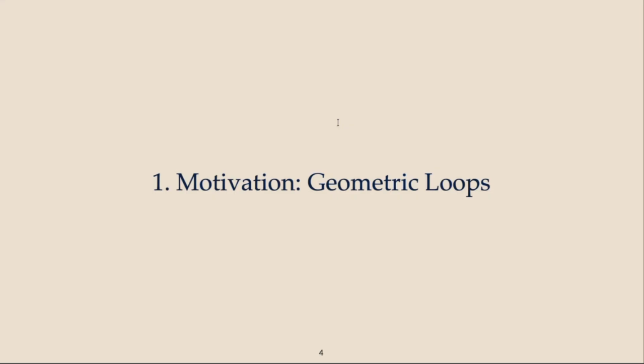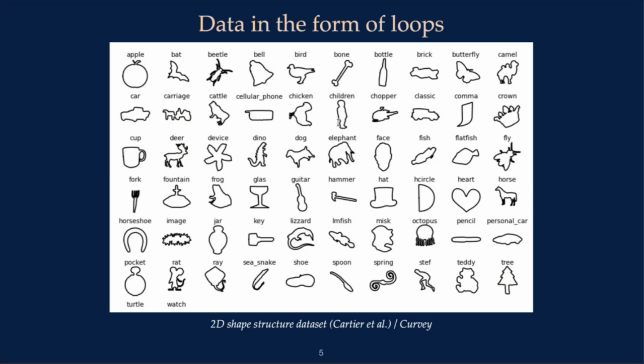To motivate why we care about these Möbius bands, let's look at the central data science problem we have, which is the study of geometric loops. And this is not an abstract problem because data do come in the form of loops. So if you have a 2D shape, you might describe its contour by looking at the closed curve that encloses the shape.